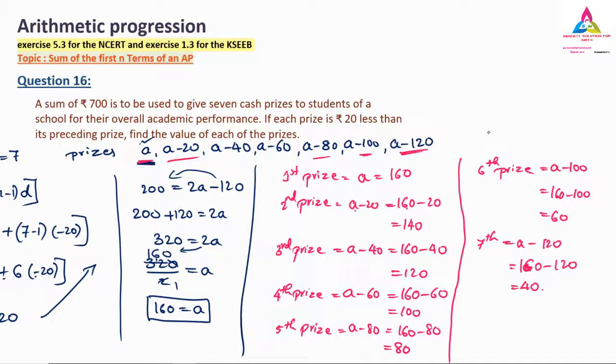The first prize is 160, next is 140, 120, 100, then 80, then 60, then 40. If you add them, you must get a total amount of 700 only. Understood? The sum of all these terms, if you add together, you must get 700 only.